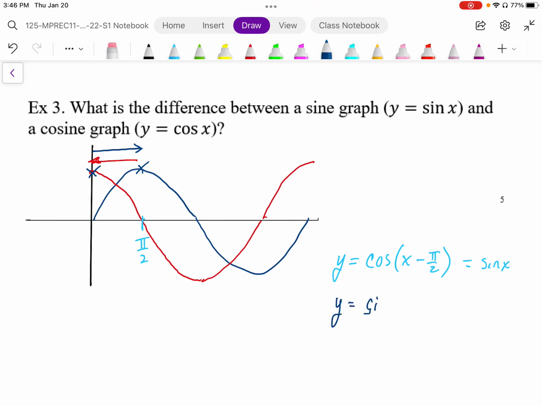I can take the sine, though, and I'd have to shift it in the opposite direction. So I have to shift it to the left, and that would make it equal to cosine. They're the same shape, they're just different horizontal translations of each other. Okay, so they're different by 1 quadrant, or 90 degrees.